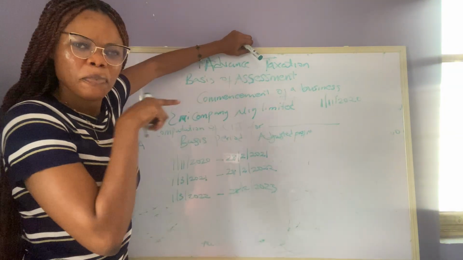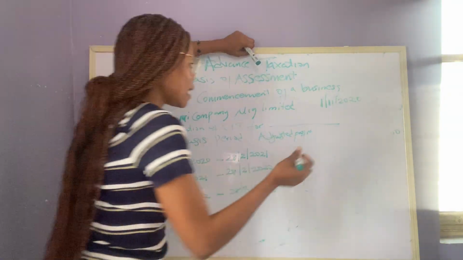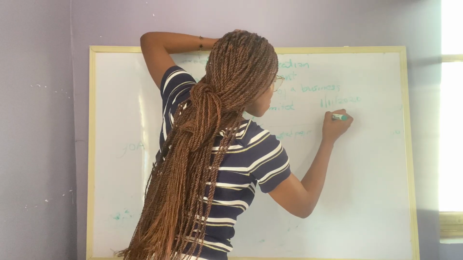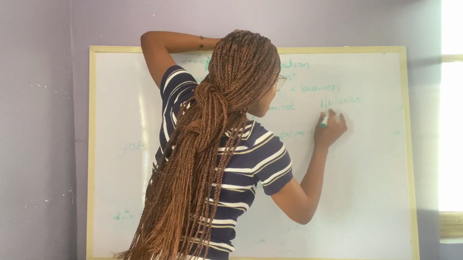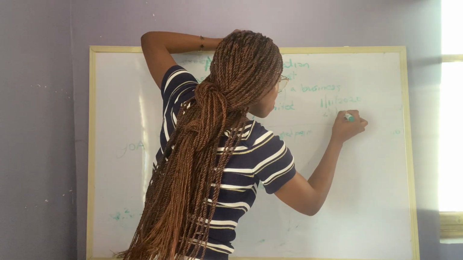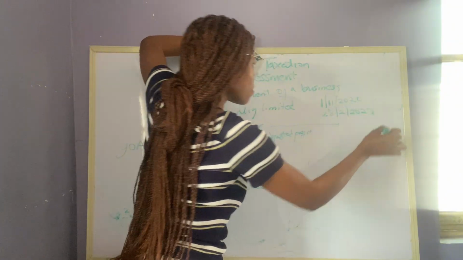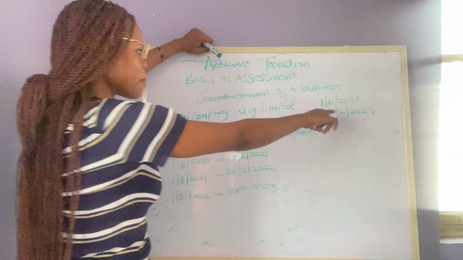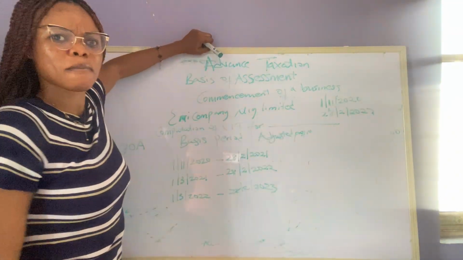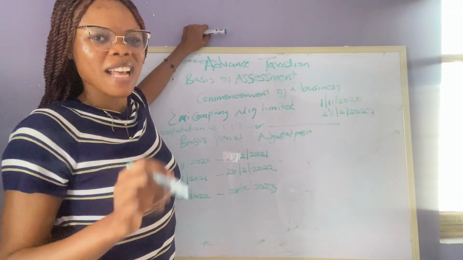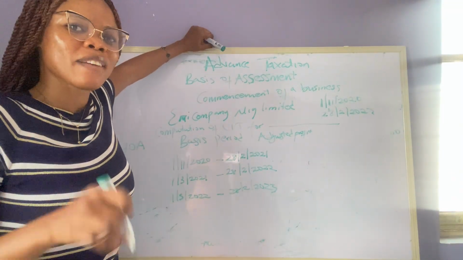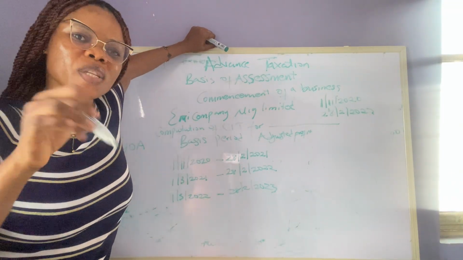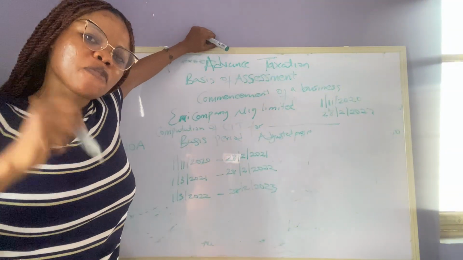And the first year profit they are giving to us is to 28th of February 2022. You see, from here to here they just jump straight, which means that the first profit of 16 million naira includes the profit of 2021, as well as some of the profit of 2022.